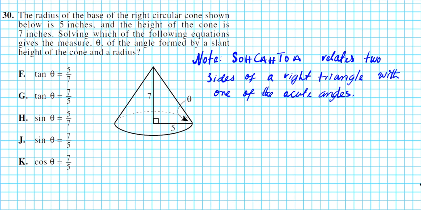Okay, so let's extract the right triangle that we're given, and we are going to see which setup basically helps us to solve for theta, the angle between the slant height and the radius. So this is 5 and 7. Now, whenever you're labeling a triangle to use SOHCAHTOA, you want to label it with reference to the given angle.